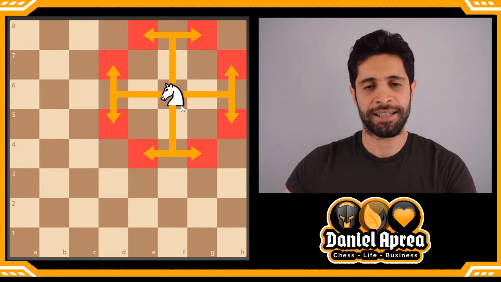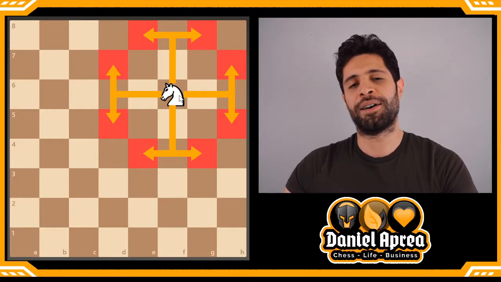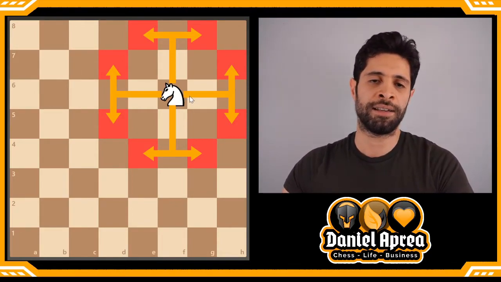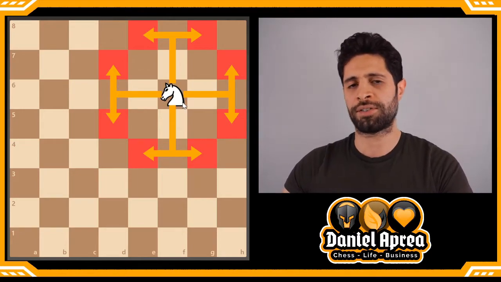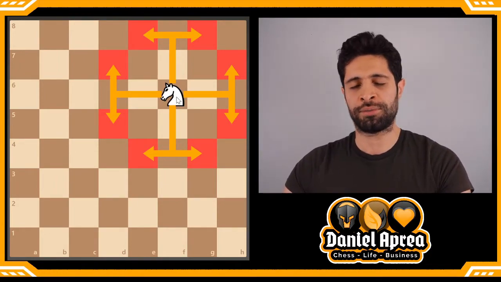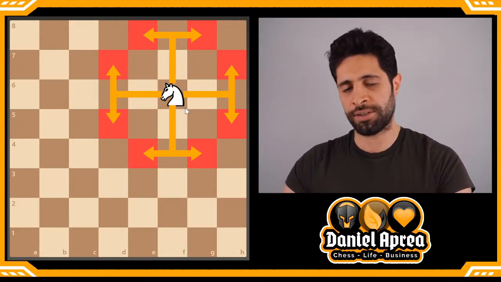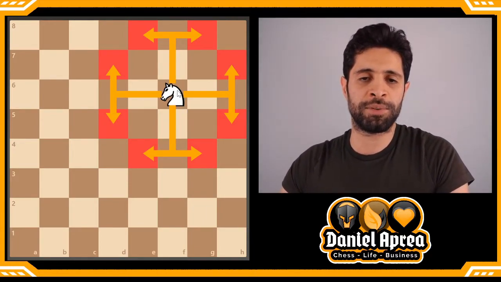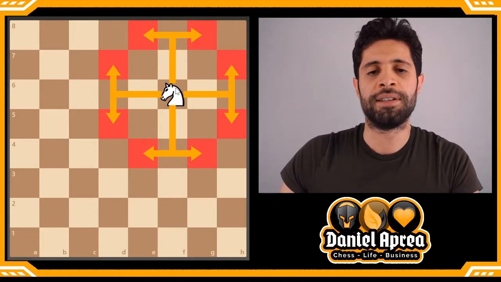However, they can only be on alternating squares, which means that it takes an odd number of moves to go to an opposite color square, in this particular case a light square. And it would take an even number of moves to come back to the same color.